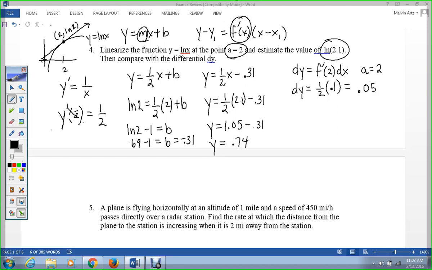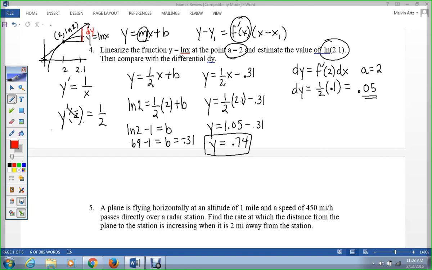Now you may look at the result that we got here and say that's not close to 0.05. However, remember, let's go back to our little graph. Let's just say this is 2.1 here. dy is actually only this value right here. This would be our dy here.